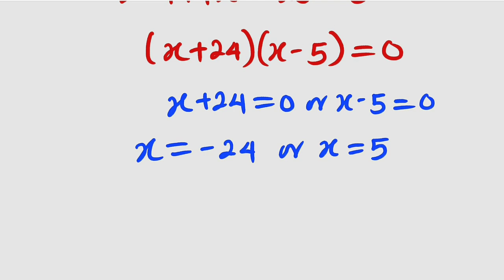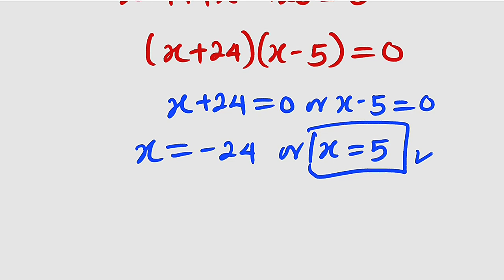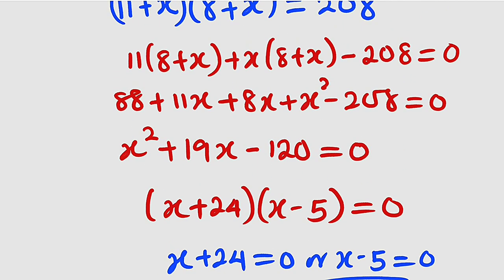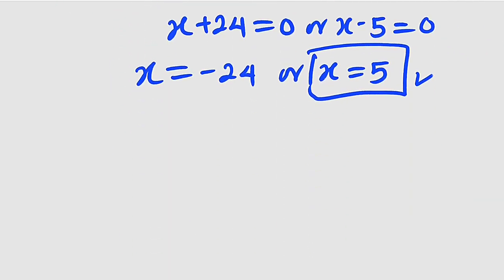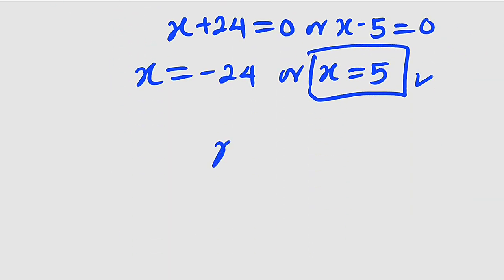But remember, x is a year. We don't have a negative year because we are talking about the future. Therefore, it must strictly be equal to 5. So in the next 5 years, if you multiply their ages, you're going to obtain 208. Hence the solution to the first problem is x equal to 5 years, in 5 years' time.